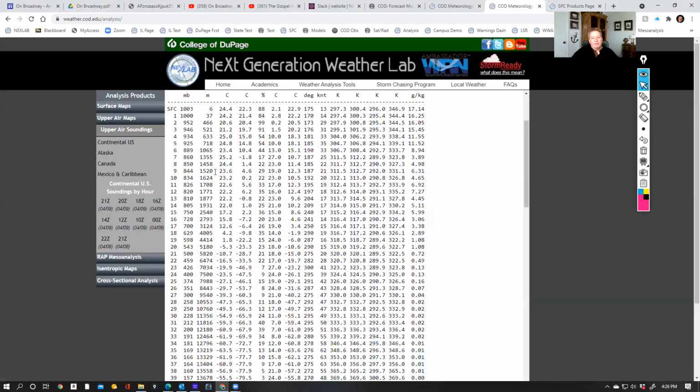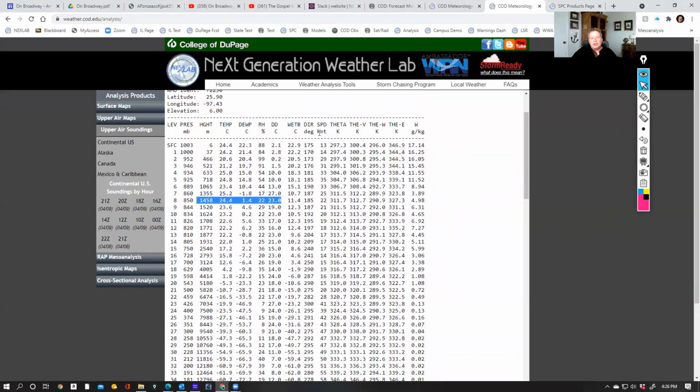So here at 850, mark those numbers. Temperature is 24.4. The dew point is 1.4. Then the wind direction and speed over here is 885 degrees at 22 knots. So you need to have this information.